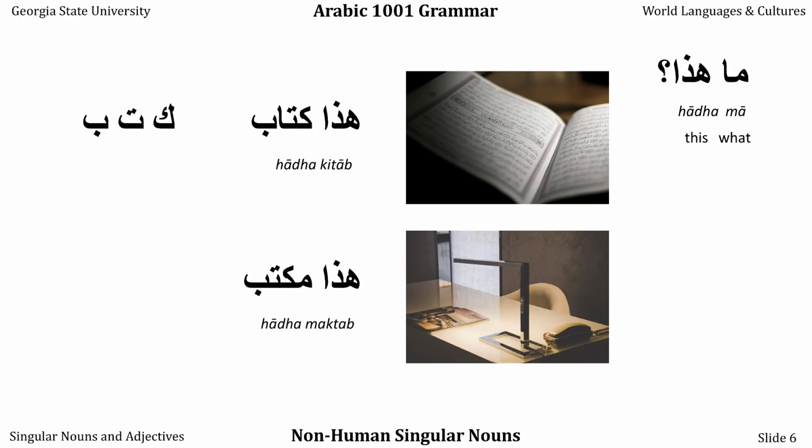Kaf is K, ta is T, ba is B, and together they mean to write. So whenever we see a word that has those three letters in that same order, kaf and then ta and then ba, it's going to have something to do with writing. Arabic organizes words this way. It's a little challenging at first, but it will really help you develop your vocabulary later on.